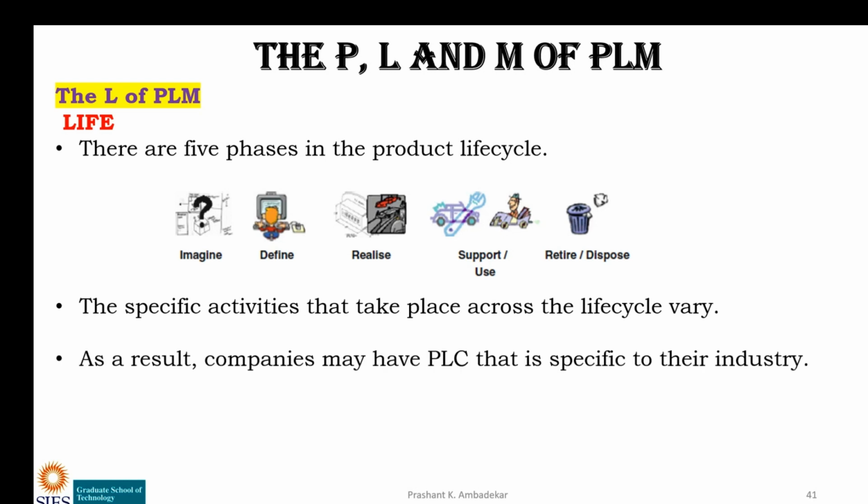As a result, companies in particular industries may have a view of the product life cycle that is specific to their industry. That is just an extension of the earlier sentence. Depending on how the PLC is important to them, they may look at the PLC and modify the product depending on their perspective.